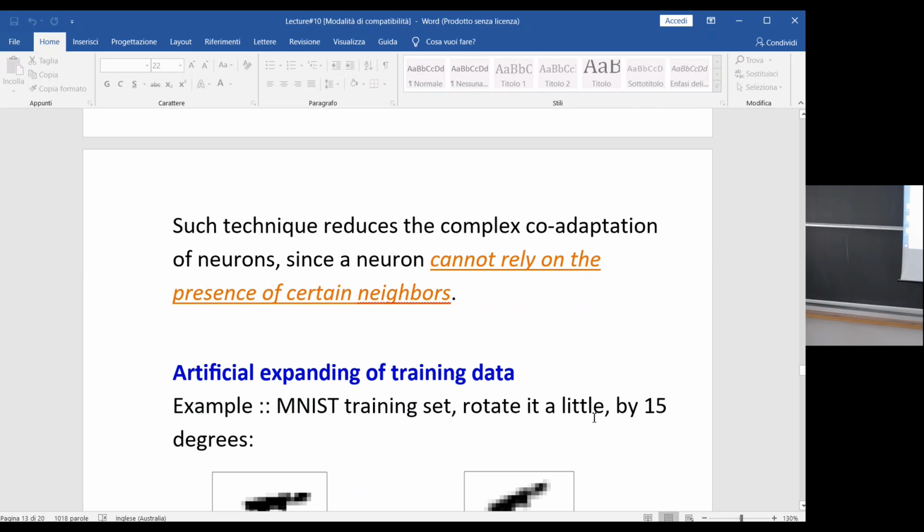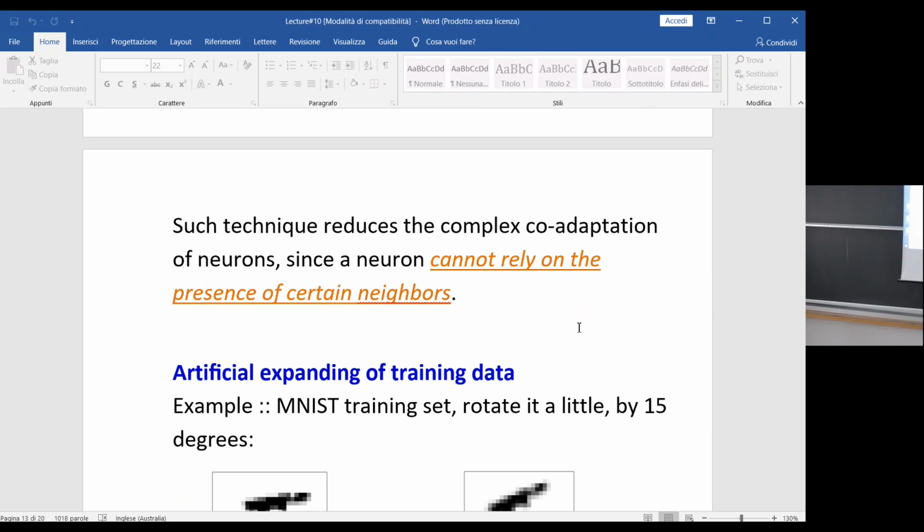Okay. Then a very important thing is how it is possible to enrich our training set. The method is artificial expanding of training data.